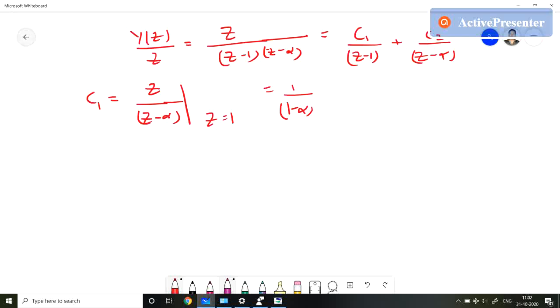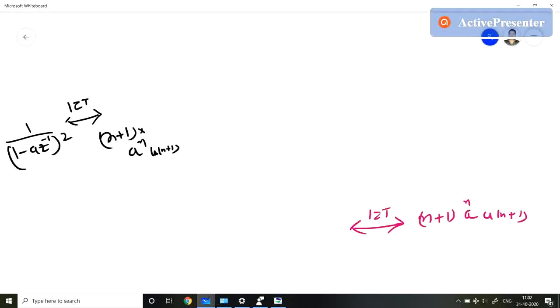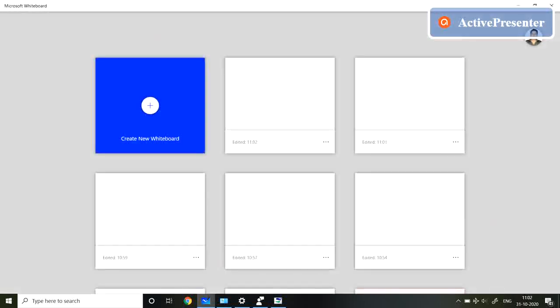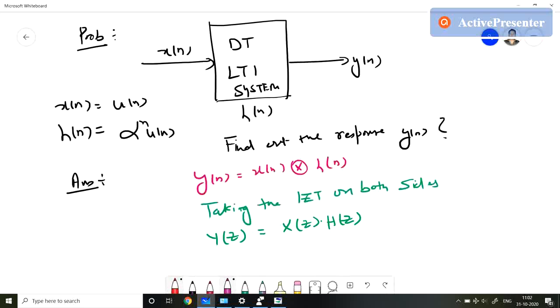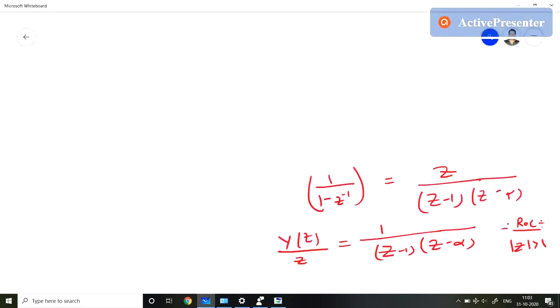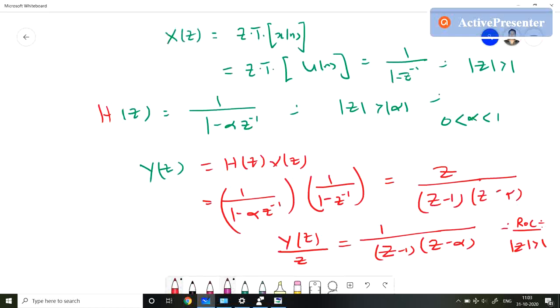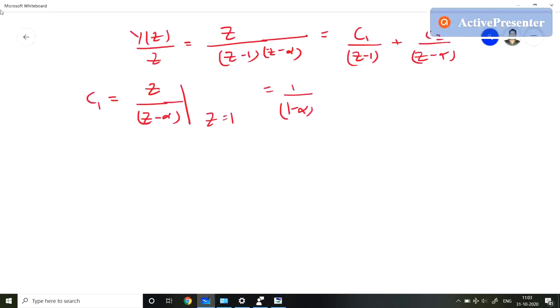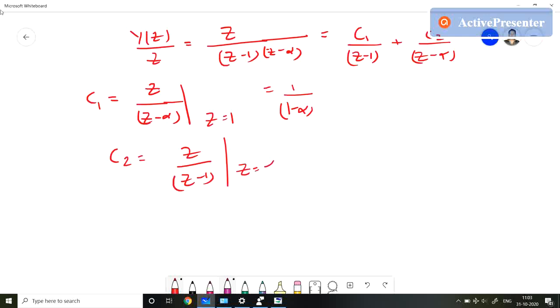Oh yeah, it is z squared here. So C1 is 1 divided by 1 minus alpha, and C2 is equal to z divided by z minus 1 at z equals alpha.